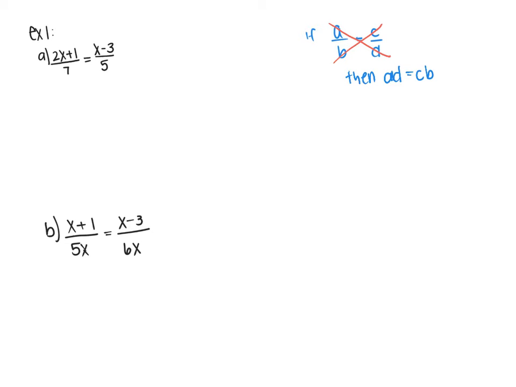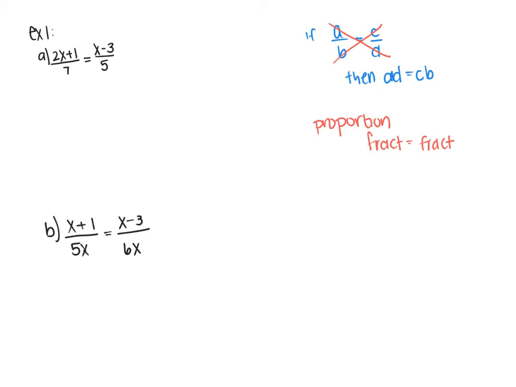So anytime you have a fraction equal to a fraction, or what is called a proportion, you are going to use the cross product property, or cross multiply.